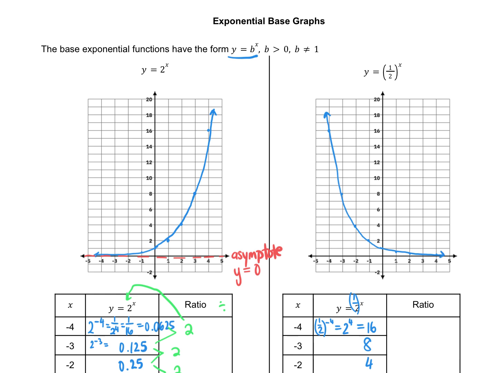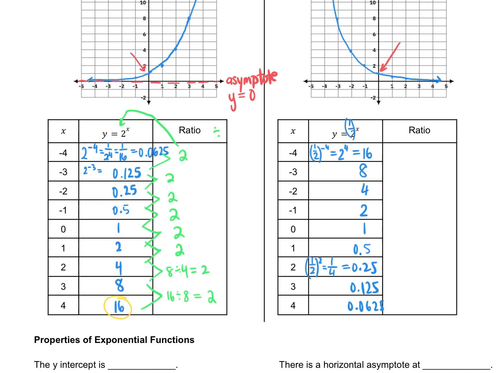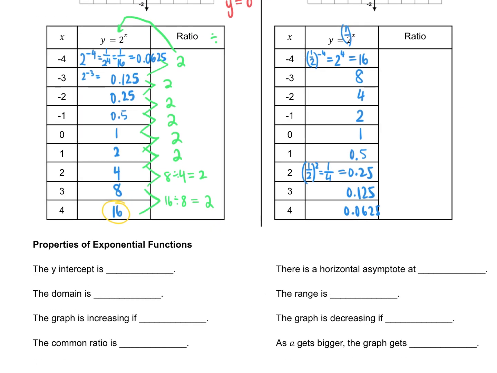This is a decreasing or a decay example. But something to take note: the y-intercept is in the same spot regardless of the change in the base, and that's because anything to the power of 0 is 1. So actually I'll make that note right now. The y-intercept is (0, 1), and that will be common for all base exponential functions.